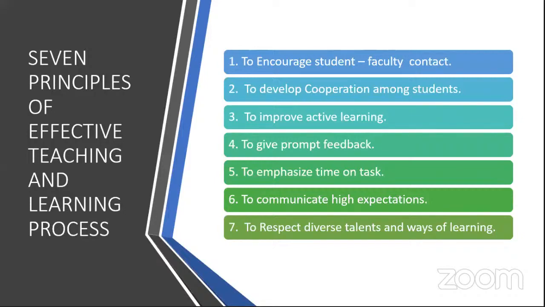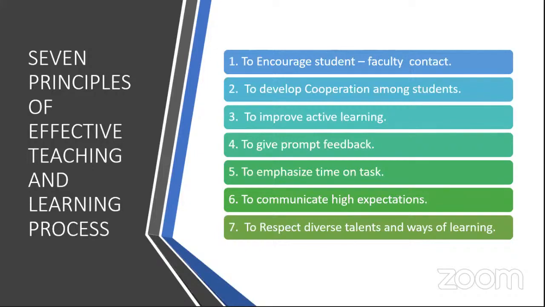This will help them to write entrance exams or competitive exams. To communicate high expectations: when we are communicating with the learners, we should expect high and aim high. The last principle of effective teaching and learning process is to respect diverse talents and ways of learning.